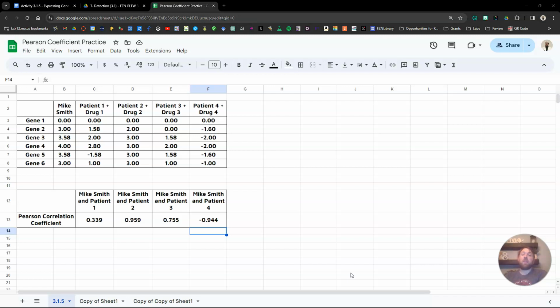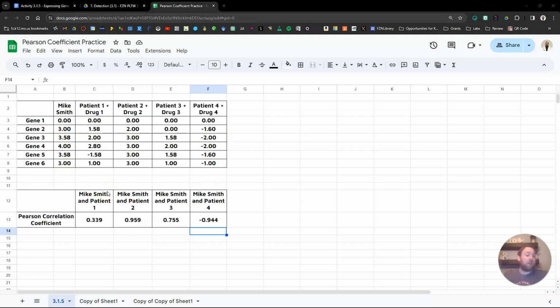What does that mean? Well, if I give Mike Smith patient 4's drugs, then we might have an adverse reaction in Mike Smith instead of a positive reaction that patient number 4 had, or vice versa. If I gave patient number 4 a particular drug and it had adverse reactions in him, maybe it just might work in Mike Smith.